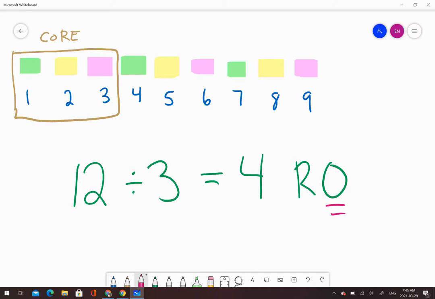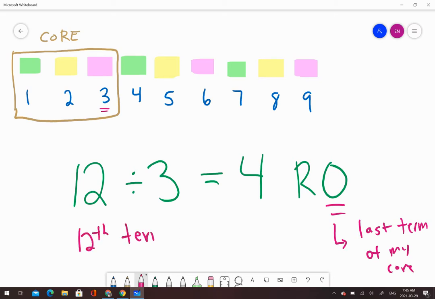So that means that I've completed my core. So the last bead I put on will be the last number of my core. In this case, it will be my third one. So 0 is always going to be the last term of my core. In this instance, I can say the 12th term will be pink.